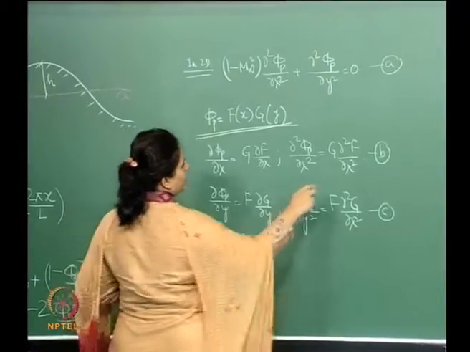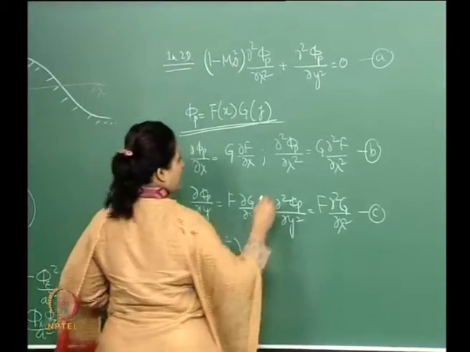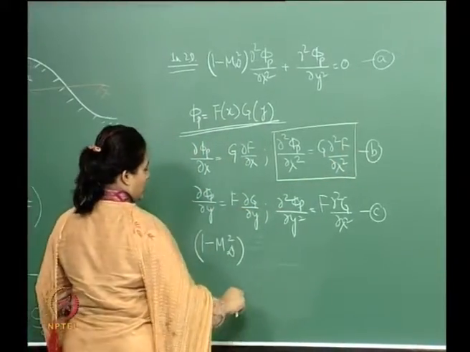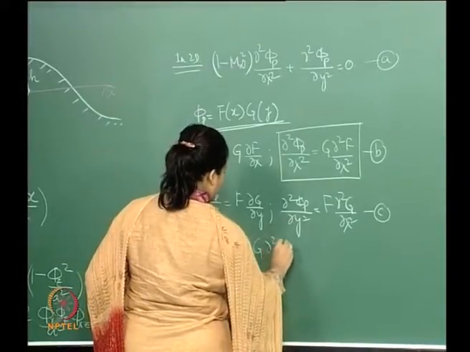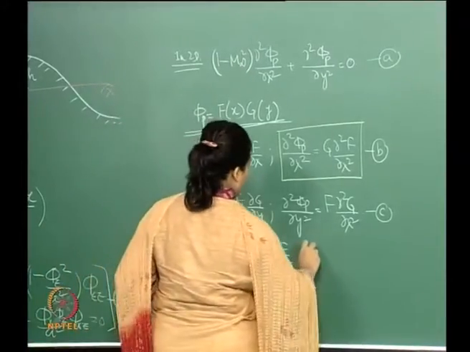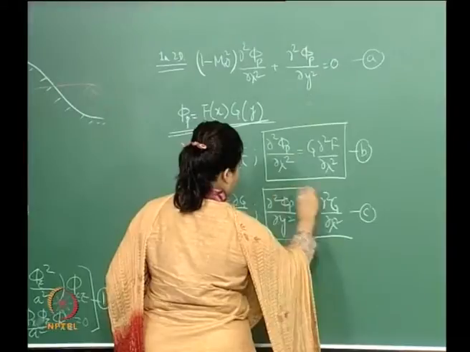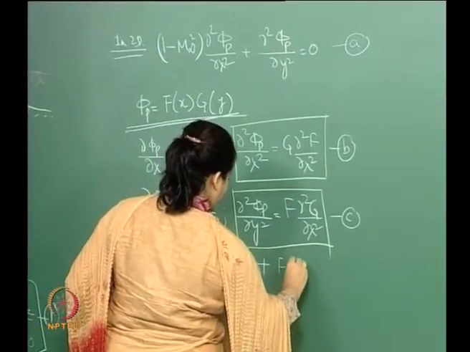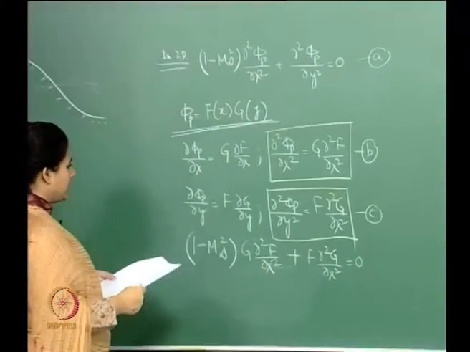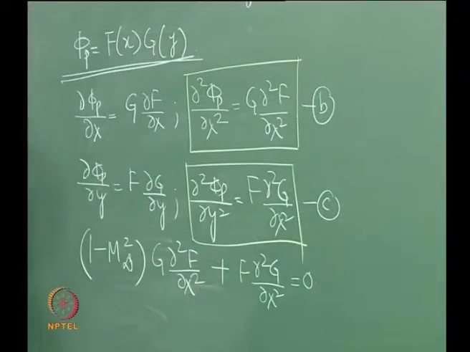So del squared phi by del x squared, so that is, okay, plus del squared phi by del y squared, which is this thing. Okay.